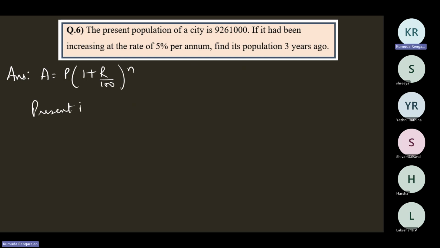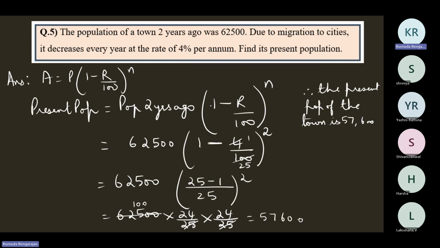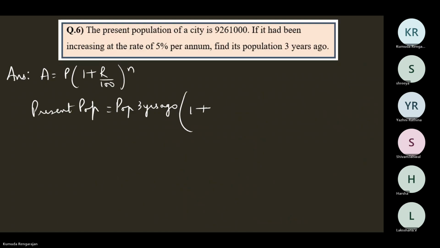Present population is equal to population 3 years ago into 1 plus, because the rate is the rate of increase. In the earlier question, it was the rate of decrease, so 1 minus.